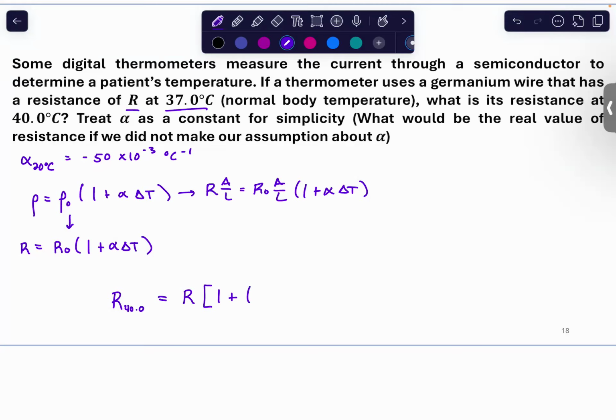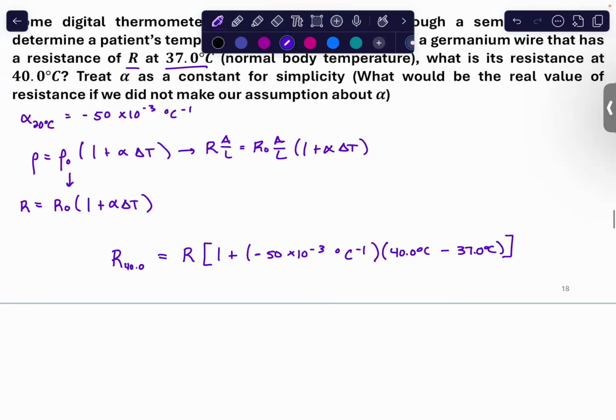And then, even though we're not at 20 Celsius, we're going to go ahead and put in the alpha, and then our delta T. So your resistance at 40 Celsius becomes 0.85 R. So you can actually see some of the semiconductor behavior developing because resistance is decreasing with temperature.